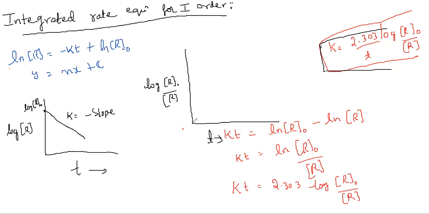This graph will be like this, with the slope k by 2.303, just by altering the equation.